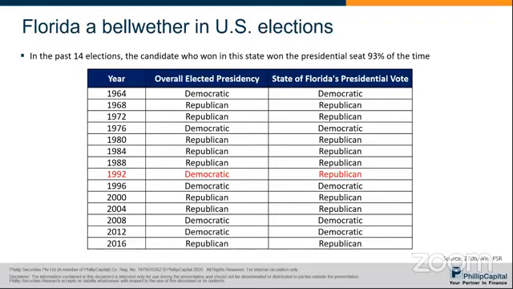So ultimately, Florida will definitely be a bellwether for the US election, especially this time round. So what we can do during election day is to look out for Florida.